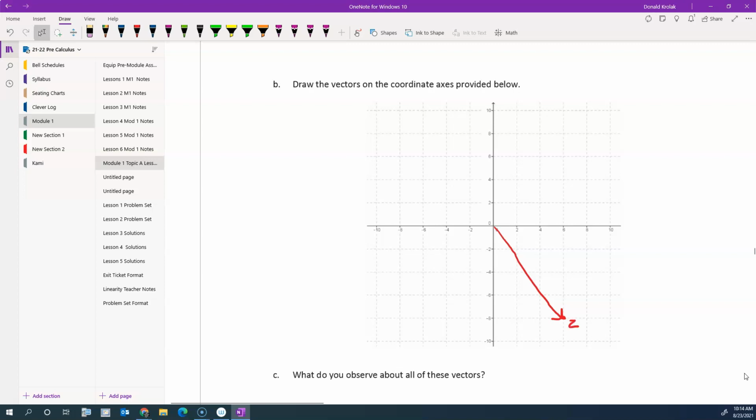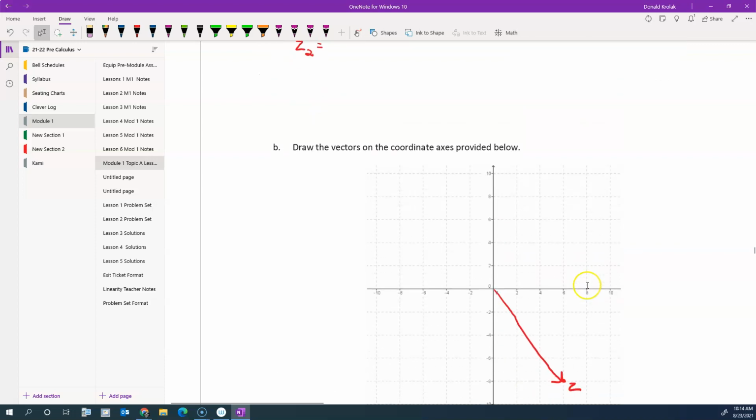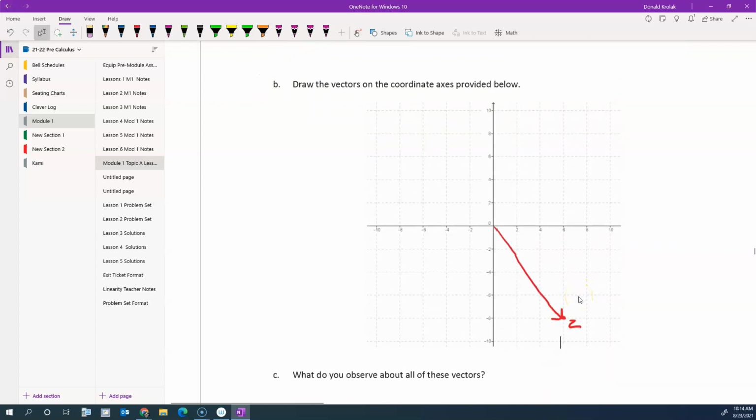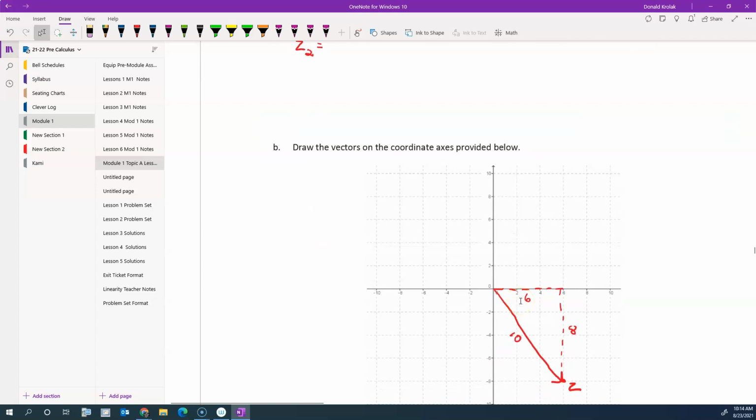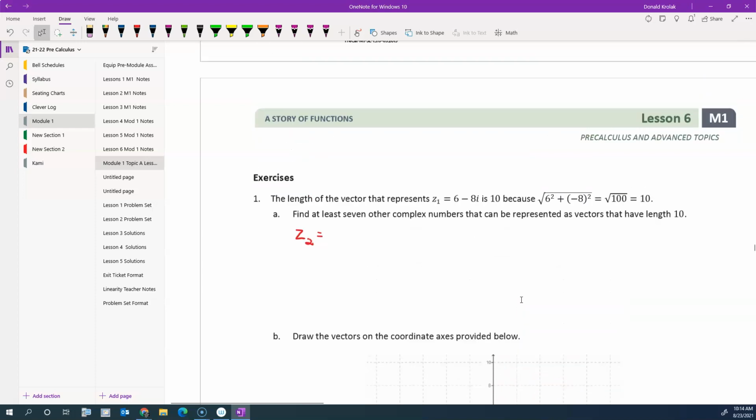Okay, so that's Z, and it's got a length of 10. When we do the Pythagorean theorem, 6, 8, 10. What would be another vector that has the exact same magnitude?